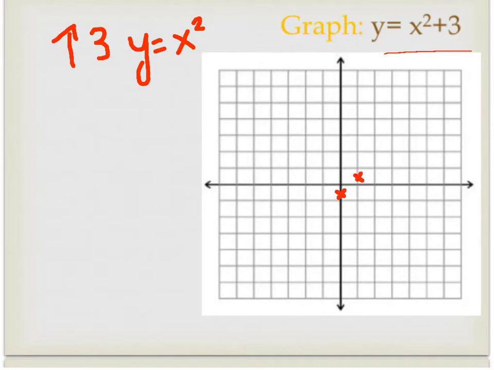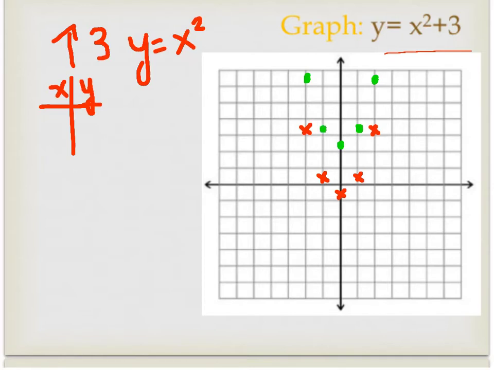If you forget those guys, just go ahead and make a little T-chart, plug in values and figure it out. And then these guys get reflected over the AOS, which is x equals 0. Now all these points need to be shifted up 3. So 1, 2, 3, 1, 2, 3, 1, 2, 3.